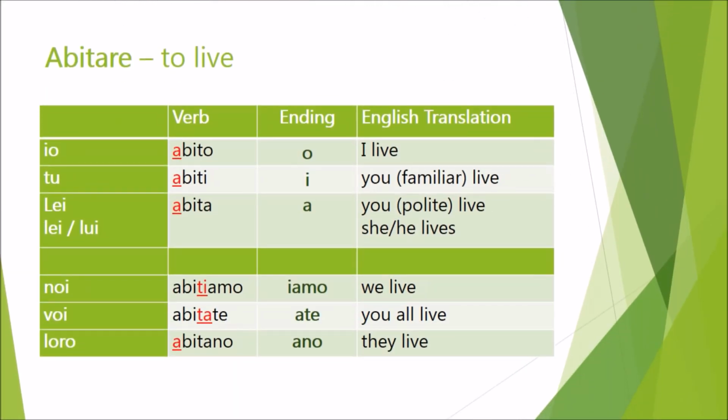Let's go through this again and focus on where the stress falls in each of these verb forms. Abitare. To live. Io abito. I live. Tu abiti. You live. Lei, lui abita.